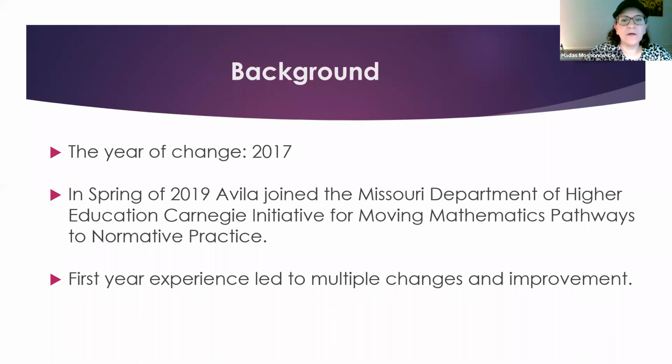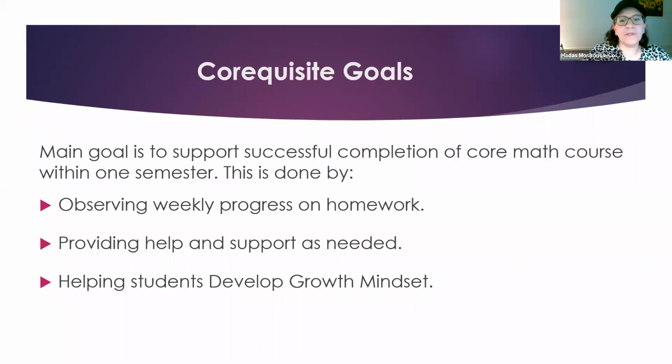The goals for the Corequisite courses are threefold. One is to make sure they stay on top of their weekly homework in the main course, so we observe their progress on that. Second is to provide them help and support as they need it regarding the content of the course. And the third one is to help develop growth mindset.